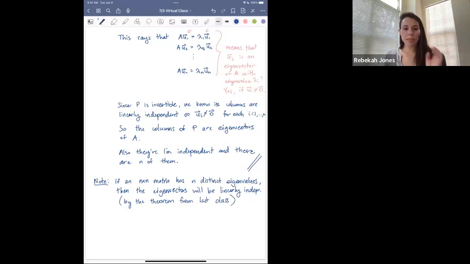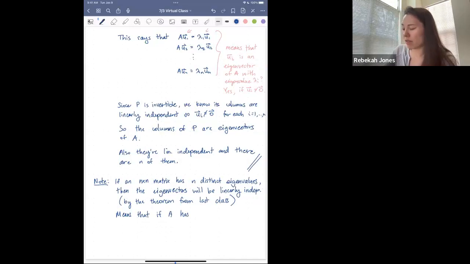So when you have distinct eigenvalues, and you take the collection of eigenvectors, you have a linearly independent set. The takeaway is that if A has n distinct eigenvalues, then we already know that A is diagonalizable.